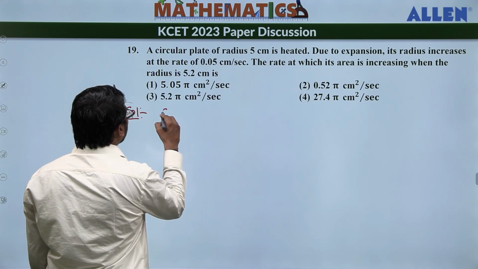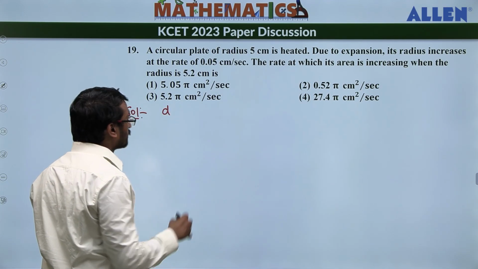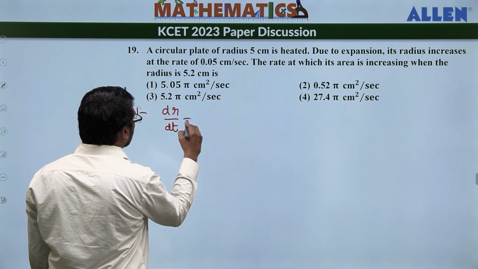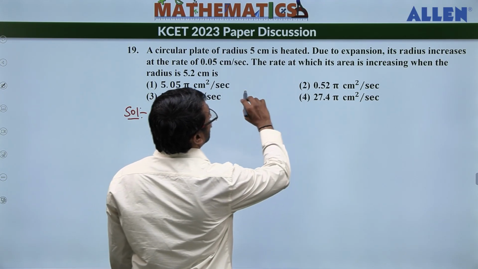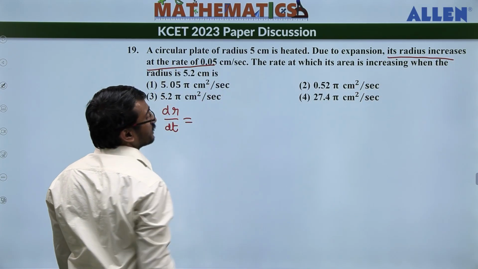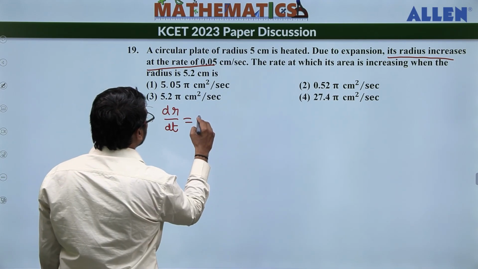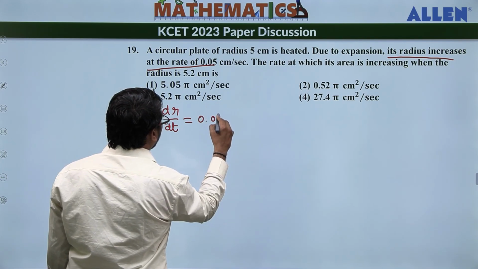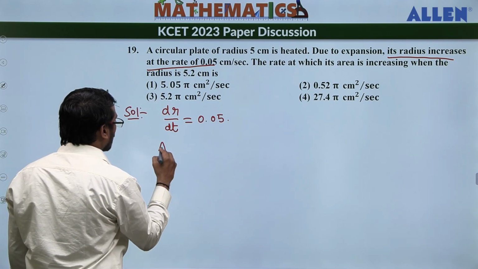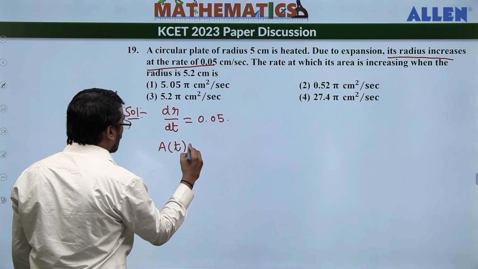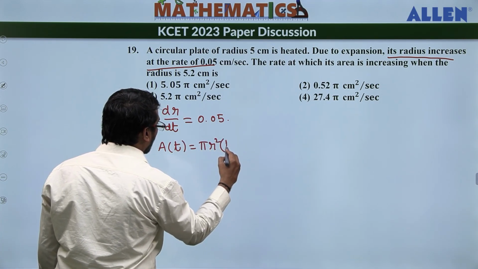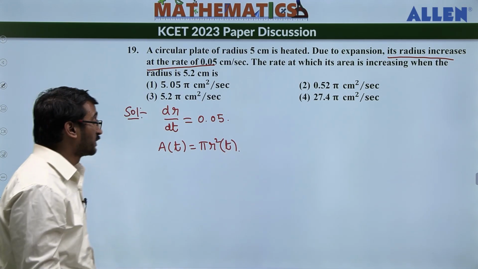So, radius is r. Rate of change of radius, its radius increases at 0.5. What is the area? Pi r square.